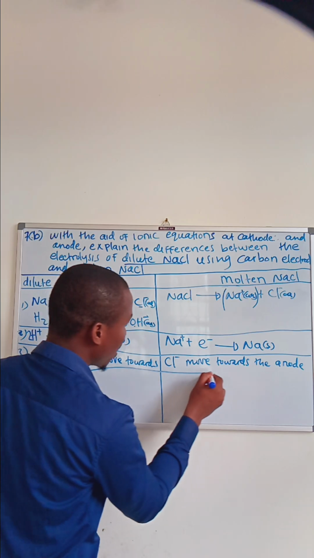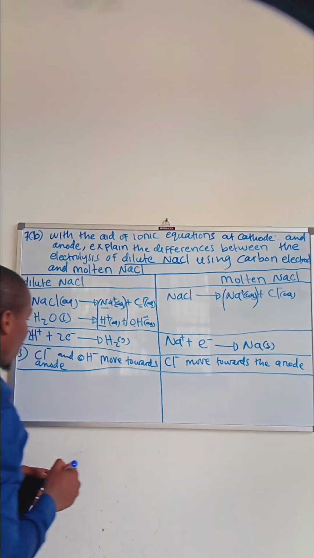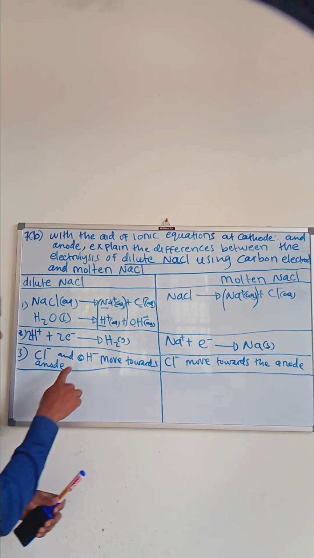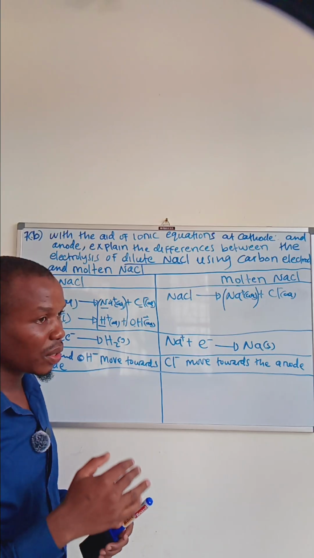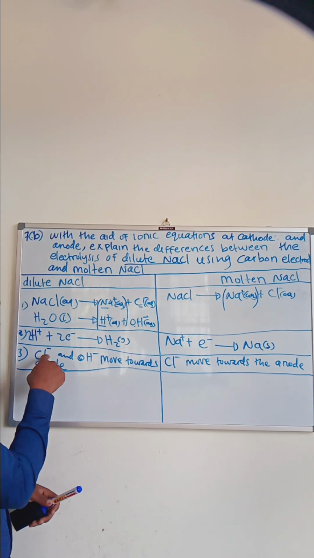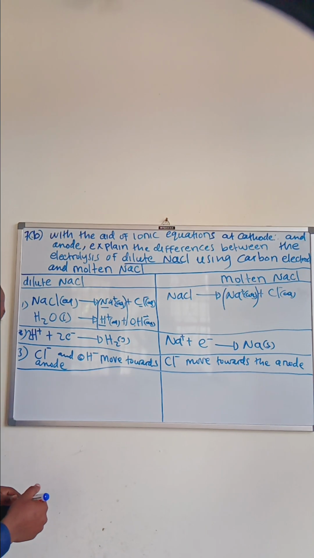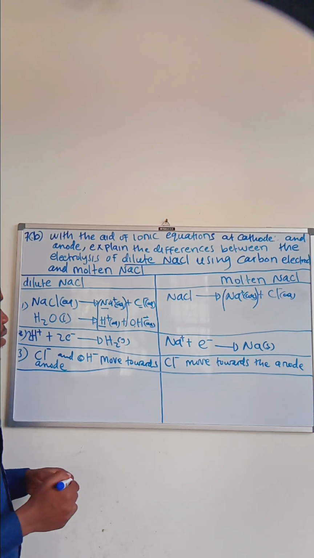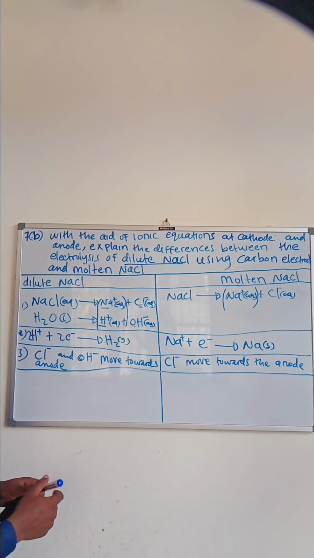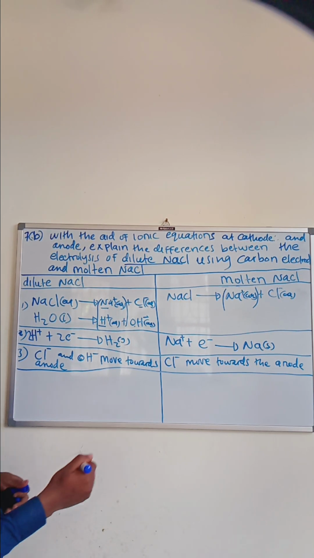And difference number four, in terms of discharging. Chloride and hydroxide move toward the anode, but in the electrochemical series, hydroxide is found below chloride. So in this case, hydroxide will be discharged at the anode to produce oxygen gas, due to its position in the electrochemical series.